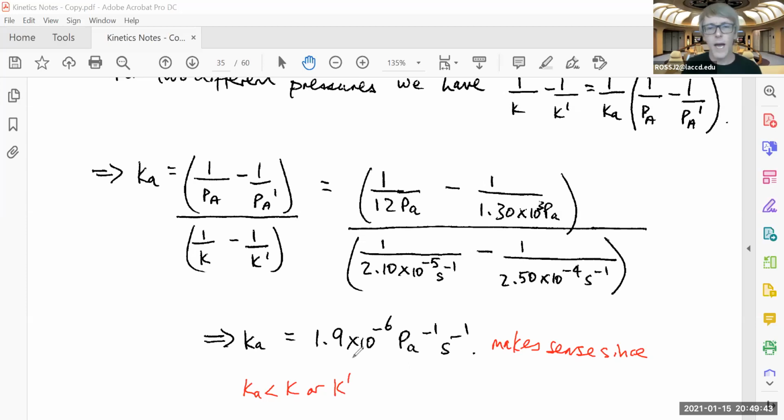So the fact that we have 10 to the negative 6 makes sense, because 10 to the negative 6 is a smaller number than either 10 to the negative 5 down here or 10 to the negative 4 down here. Okay, so that all makes sense.